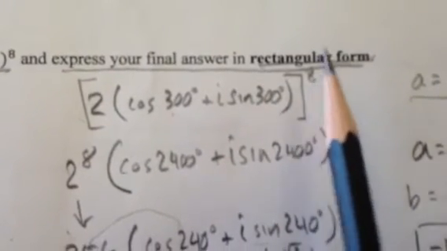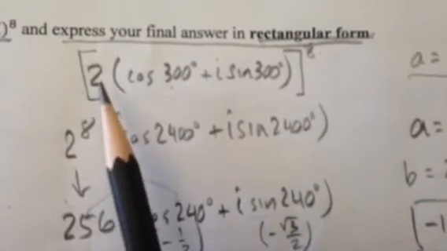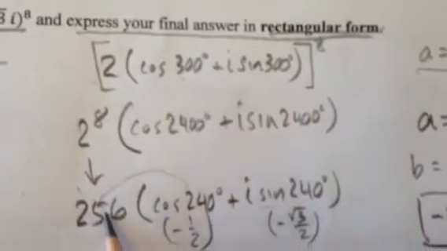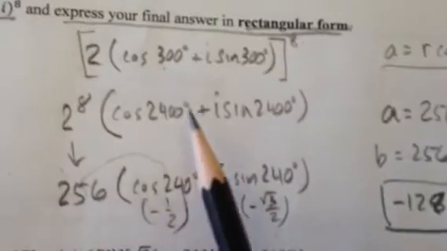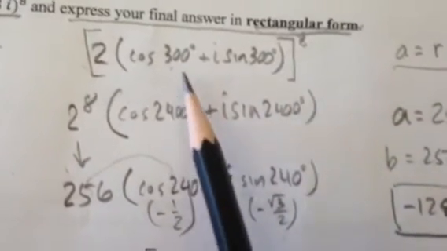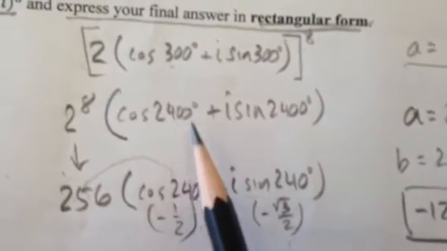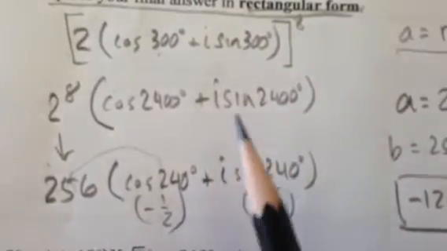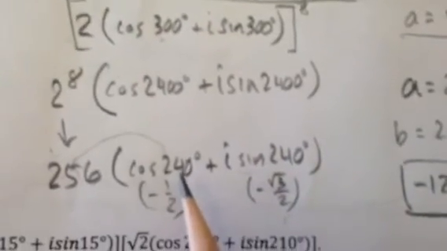Okay? And with de Moivre's theorem telling us that all we have to do is take the modulus and raise it to that power. That's 2 to the 8th power, which gives you 256. And then take your angle, your argument that is, and multiply times that value. So 8 times 300 is 2400. So there's my angle, which I can reduce down by subtracting 360 a bunch of times. I get 240 degrees.